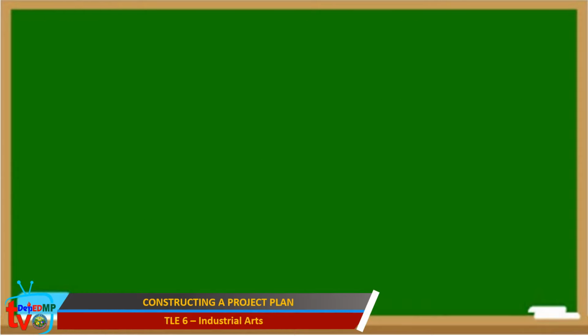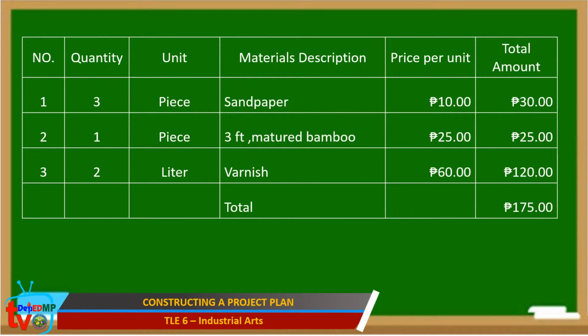Let us study the example. The first material needed is 3 pieces of sandpaper, which is 10 pesos per piece. To get the total amount, multiply the quantity by the price per unit. 3 times 10. The total amount is 30 pesos.